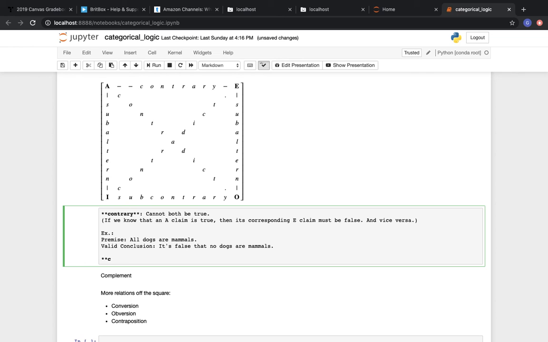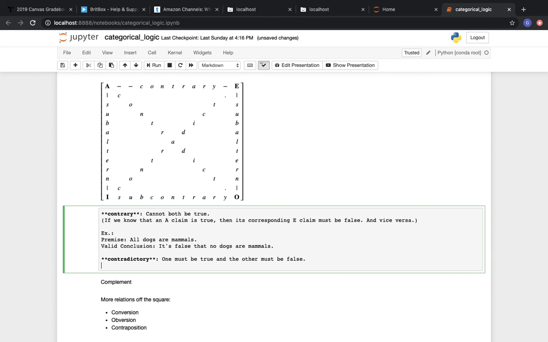Okay, let's go on to contradiction, or contradictory. Now the rule for these is that one must be true and the other must be false. And so again, of course, this leads to a kind of valid inference that we can draw under certain conditions.